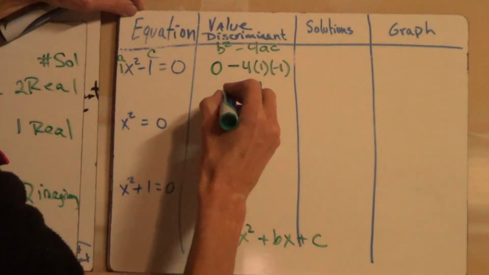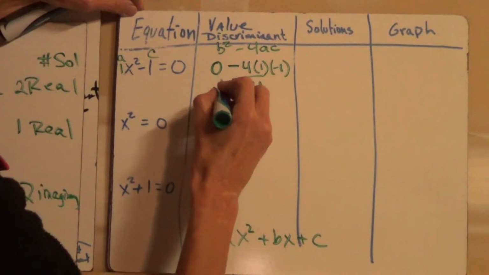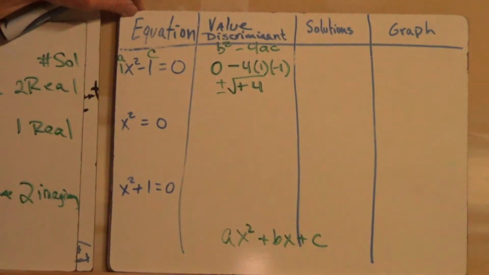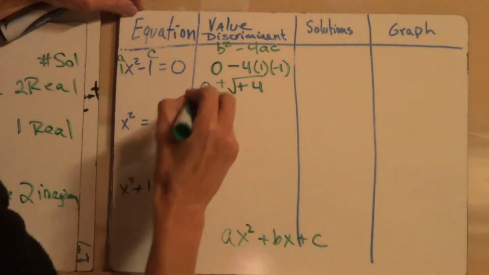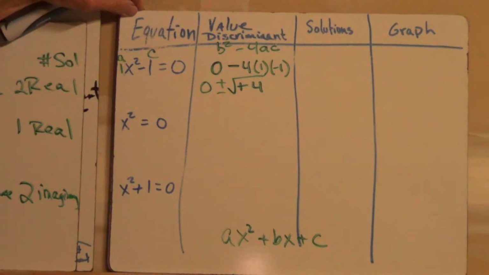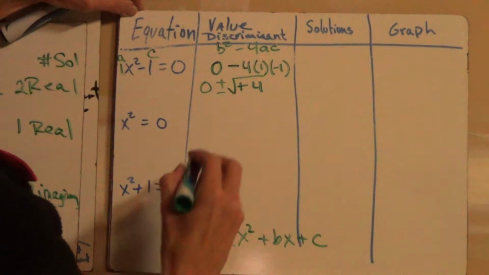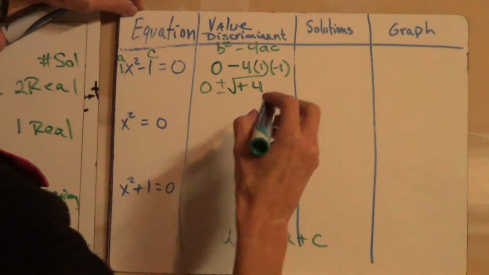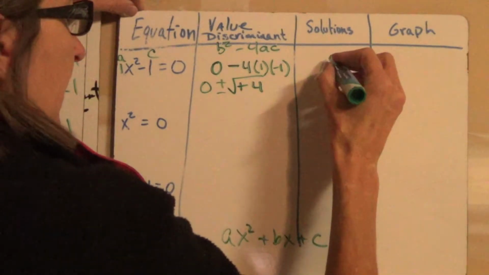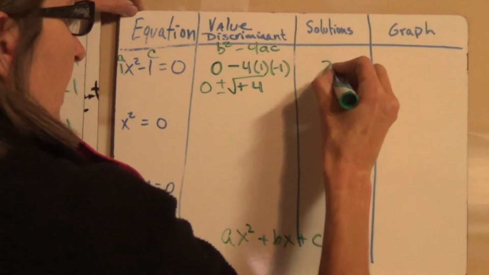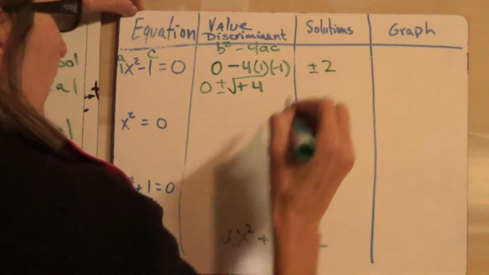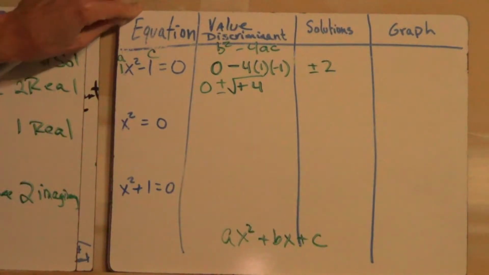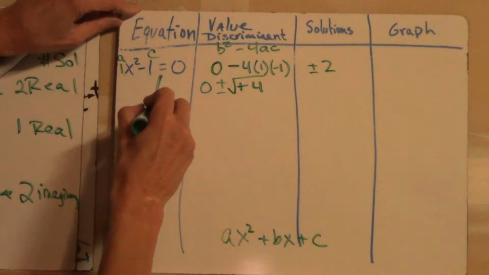Now if we think back, it's got the square root around it, with the 0 out front, plus or minus the square root of positive 4, which would be plus or minus 2. Okay, so let's look at how we can solve it over here.